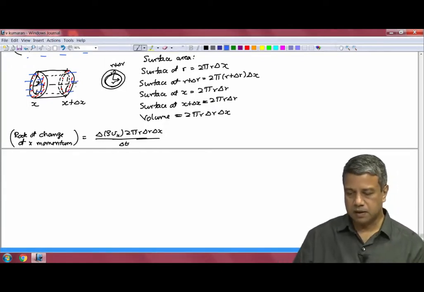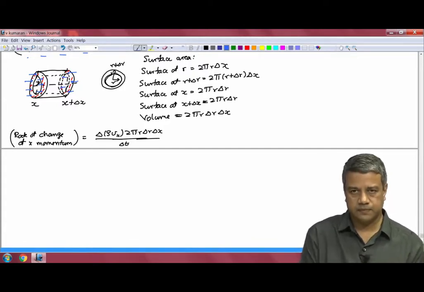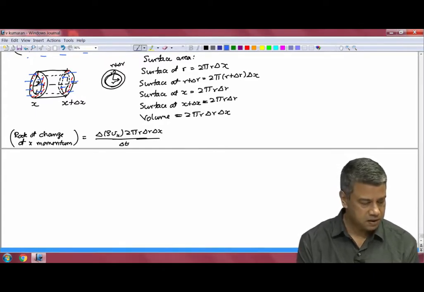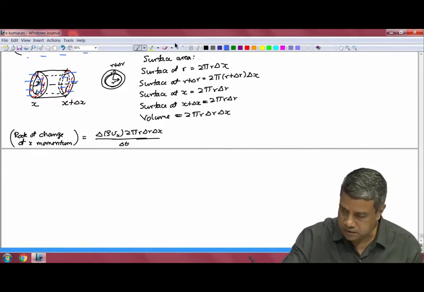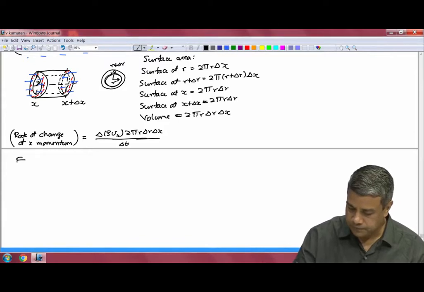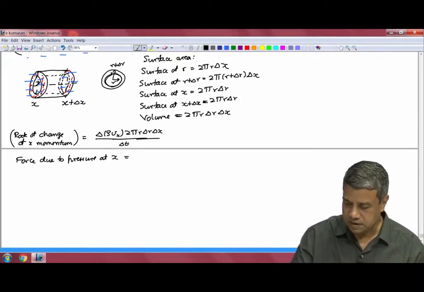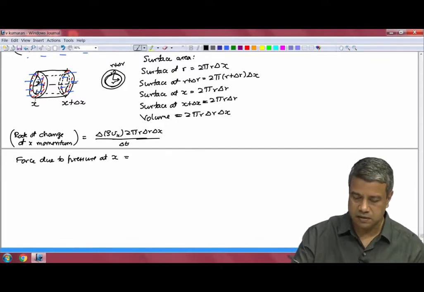Recall that the pressure force is compressive, it always acts along the inward unit normal. Therefore, at the surface at the location x, the pressure force is in the plus x direction, along the inward unit normal.